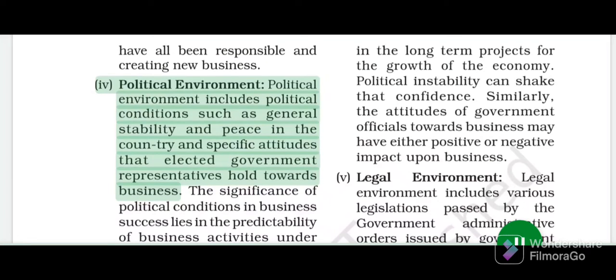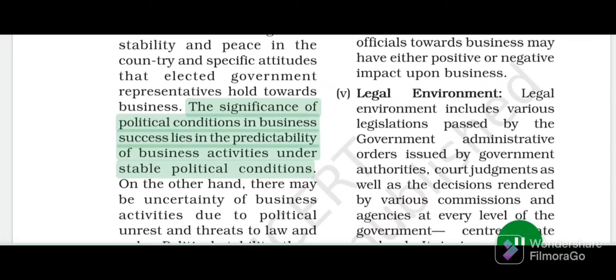Political environment. Political environment includes political conditions such as general stability and peace in the country and specific attitudes that elected government representatives hold towards business. The significance of political conditions in business success lies in the predictability of business activities under stable political conditions.